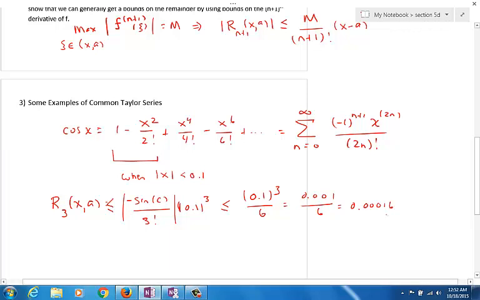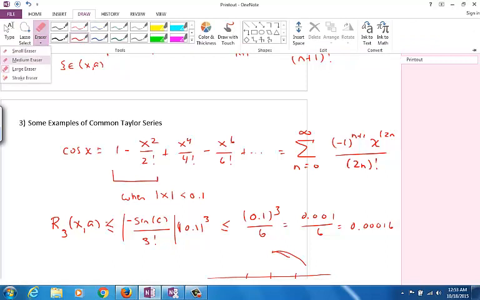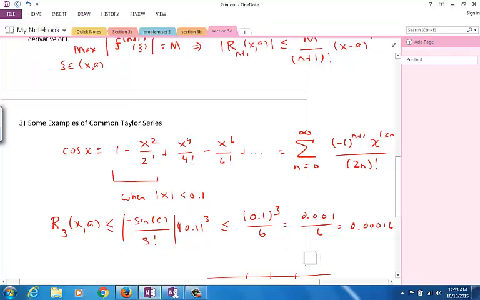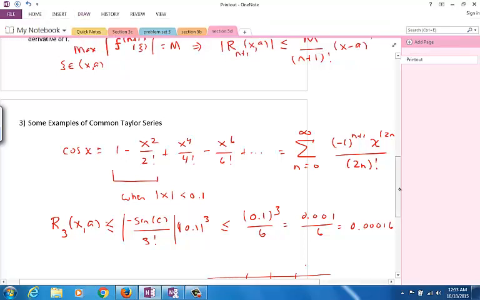When the absolute value of x is less than 0.1, this is 0, this is minus 0.1, this is plus 0.1. This means that if we plot the cosine function, which we know goes like this, it looks kind of parabolic. Let me rewrite that over. So the cosine may look like this.